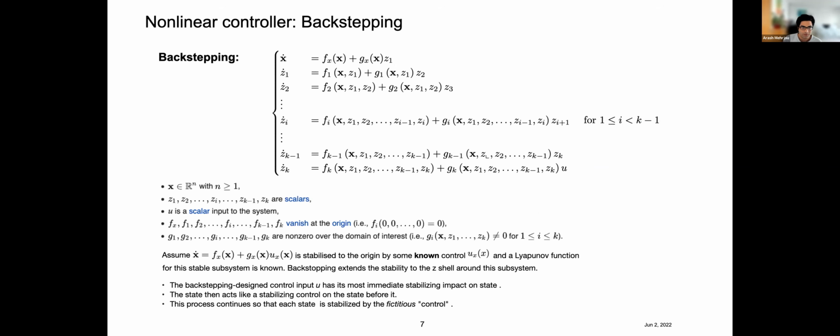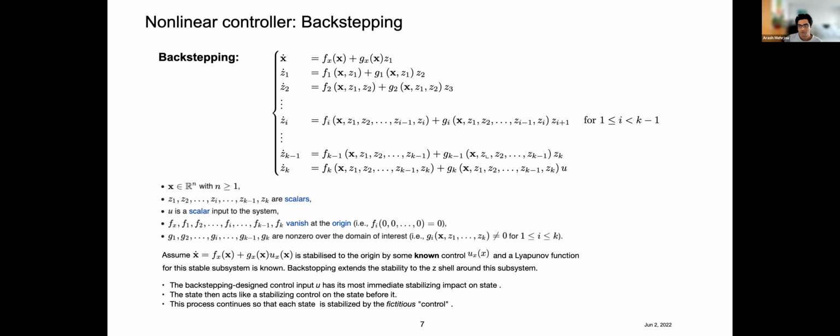So the other nonlinear control method, called backstepping, has this interesting and, I think, more intuitive idea that you can design the controller based on a recursive algorithm.